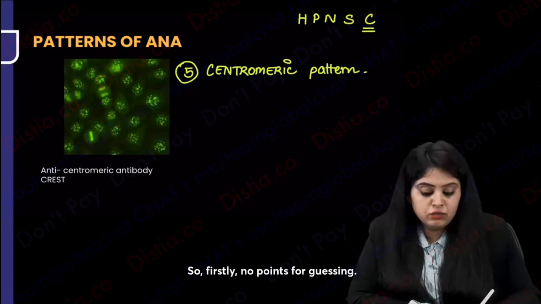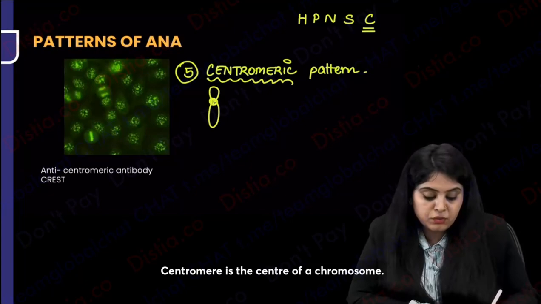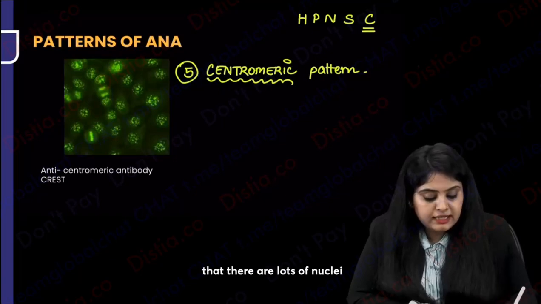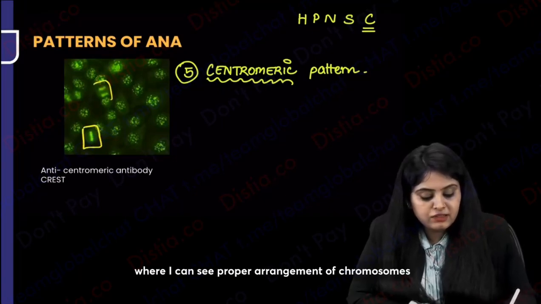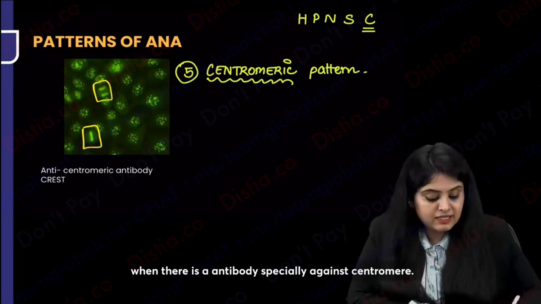So firstly, no points for guessing. What is centromere? Centromere is the center of a chromosome. I am targeting the chromosome here. And can you all see that there are lots of nuclei where I can see proper arrangement of chromosomes and mitotic spindles? So this is what you see when there is an antibody specifically against centromere.